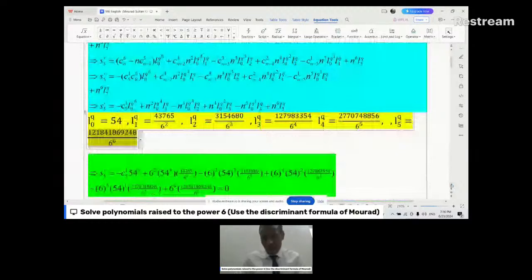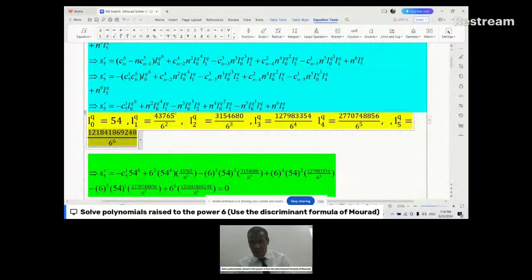I will apply the formula now. Okay, negative 5 times 54 raised to the power 6 plus 54 raised to the power 4 times 43,765.